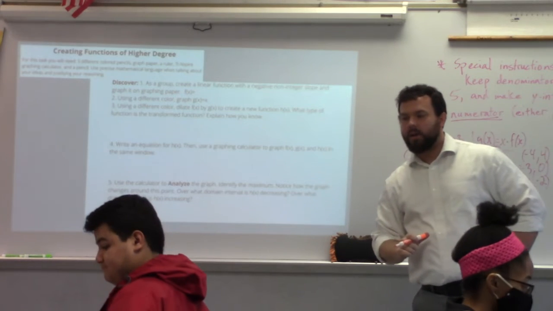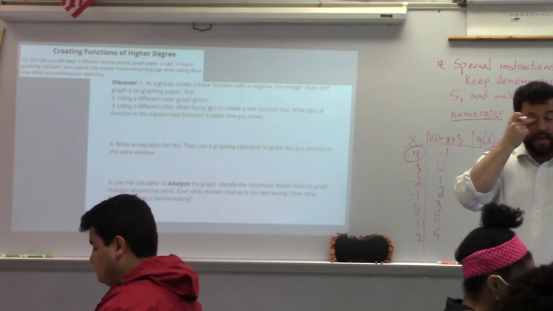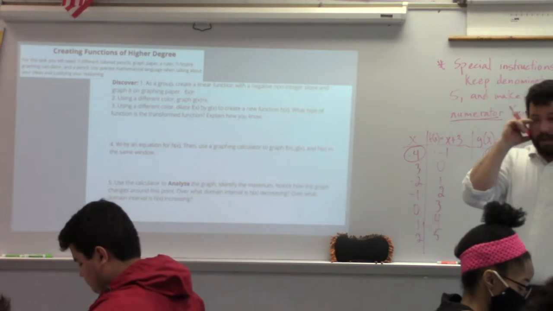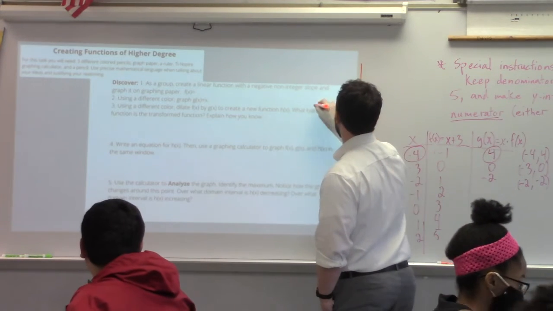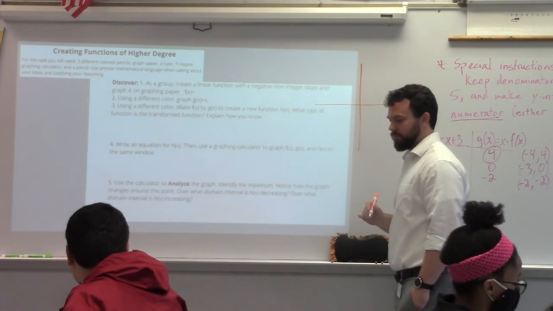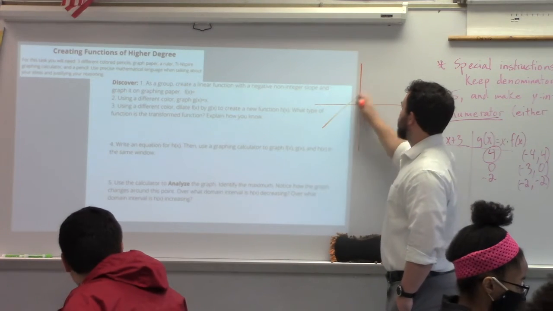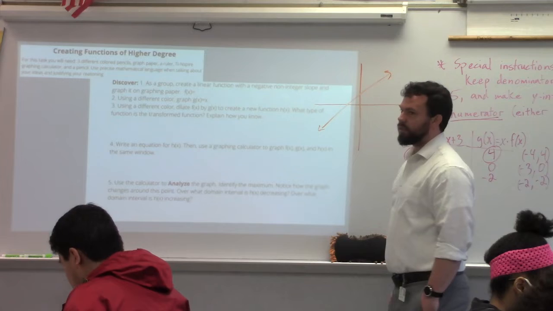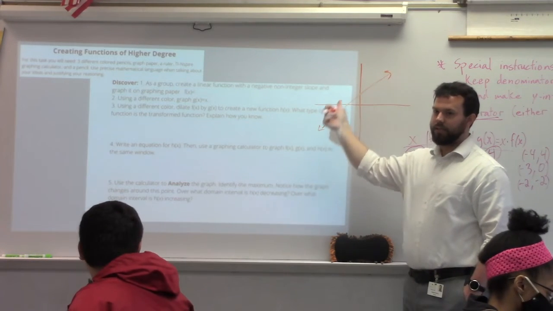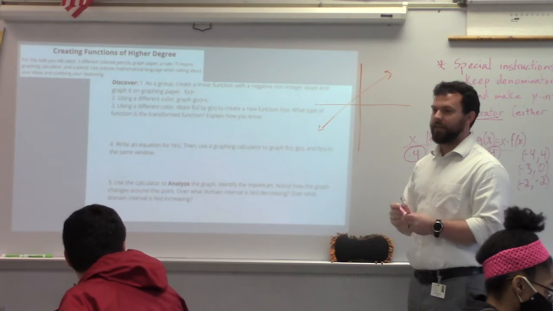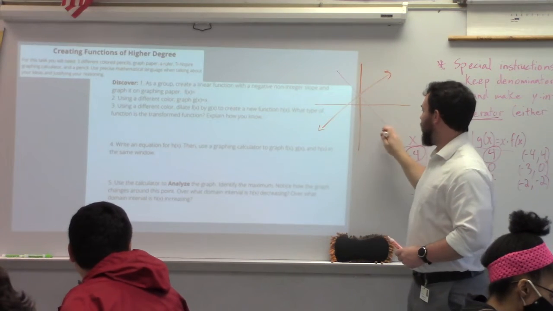Now, I had quite a few students make mistakes first block because they weren't paying attention and slowing down. Everybody has what kind of slope for the function they wrote? Negative. So should I have a function that looks like this? No. This is increasing as you go to the right, so that is not a negative slope. Check yourself.